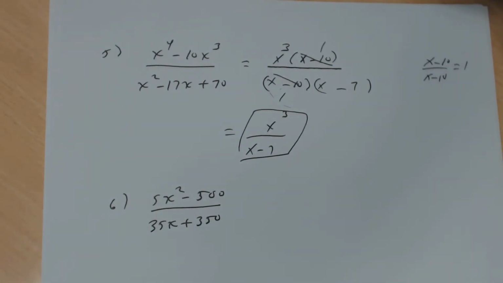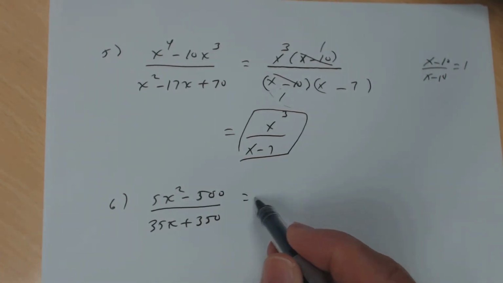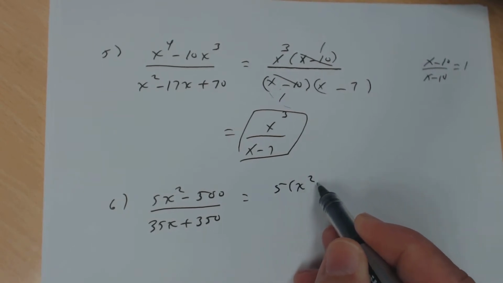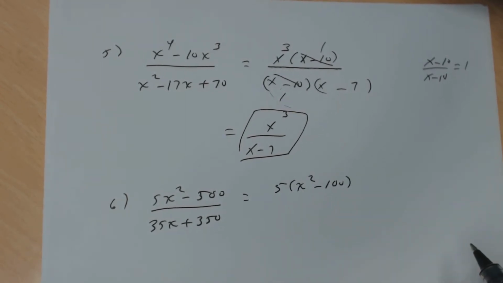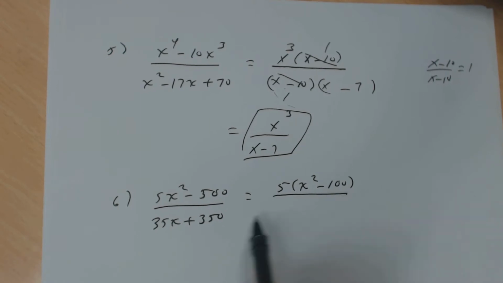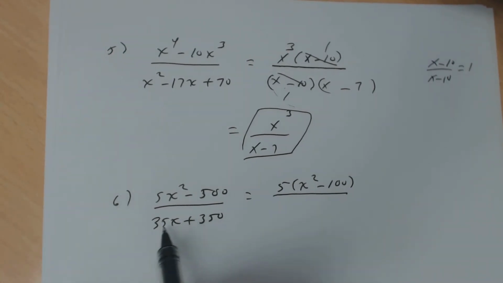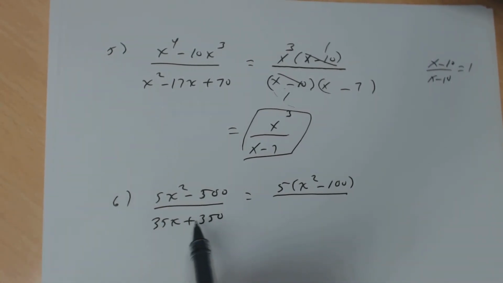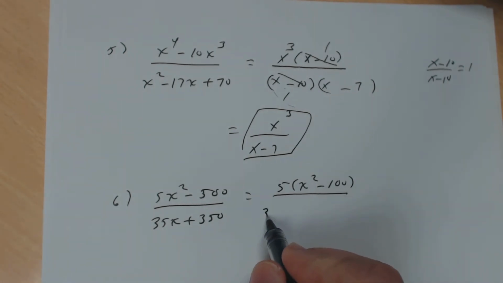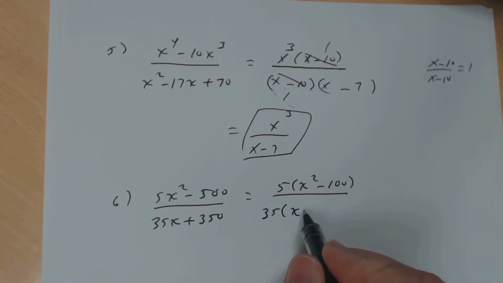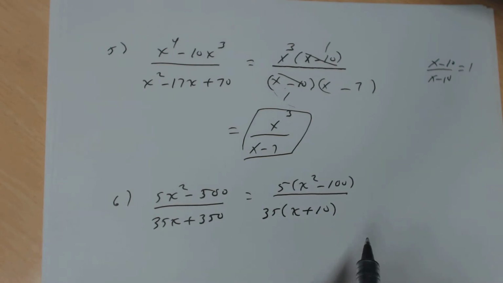So when you factor the numerator, see there's a 5 as a GCF, so do that first. So I get 5 times x squared minus 100, all right, divided by, here I can factor out a 35. Always use the GCF. GCF here is 35. I get 35 times x plus 10.